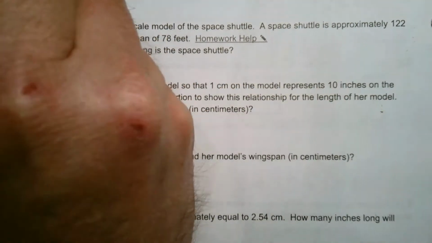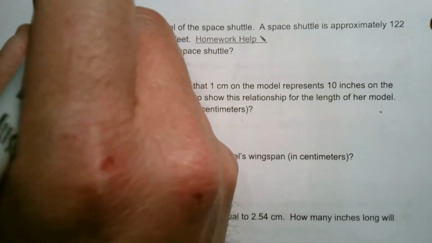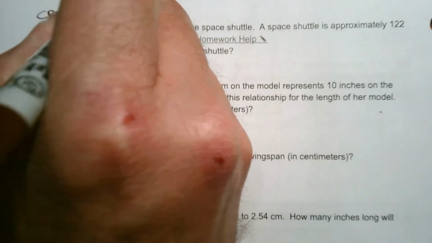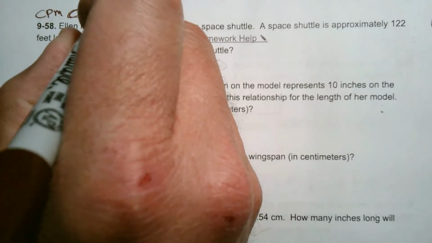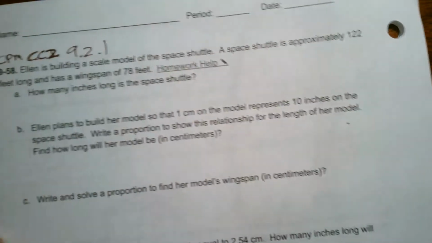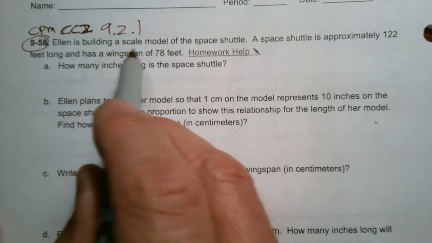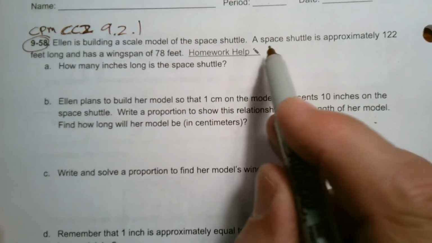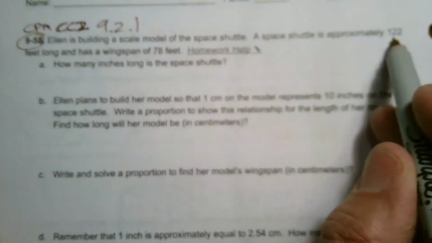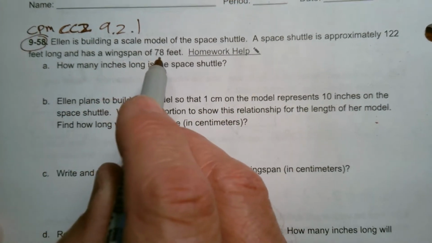So we have a problem from CPM Course 2, section 9.2.1, number 9-58. It says Ellen is building a scale model of the space shuttle. A space shuttle is approximately 122 feet long and has a wingspan of 78 feet.